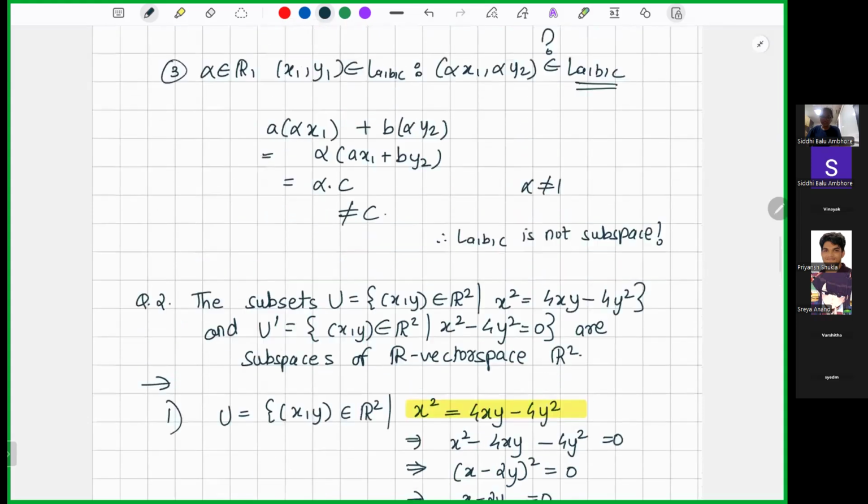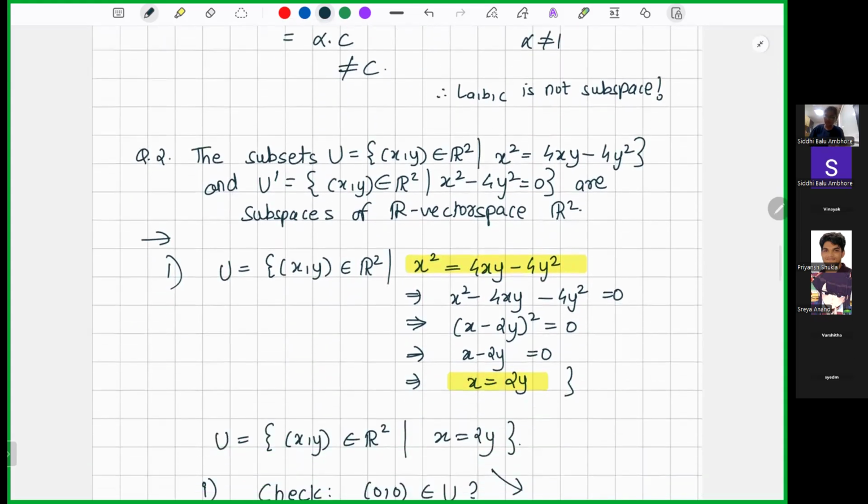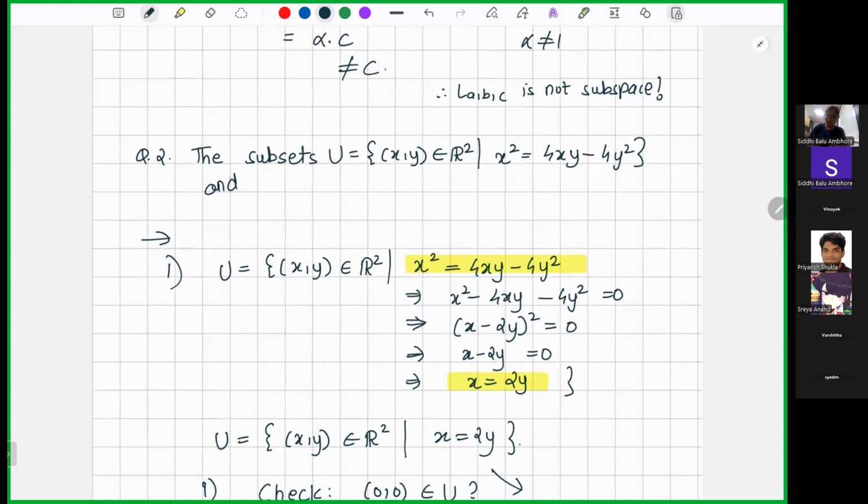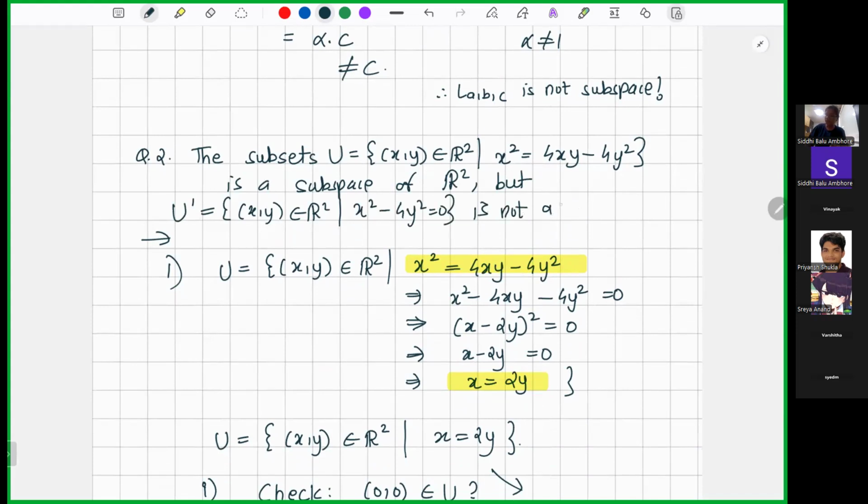So you can check this. U is a subspace of R2, but U dash, equal to xy in R2 such that x square minus 4y square is equal to 0, is not a subspace of R2.